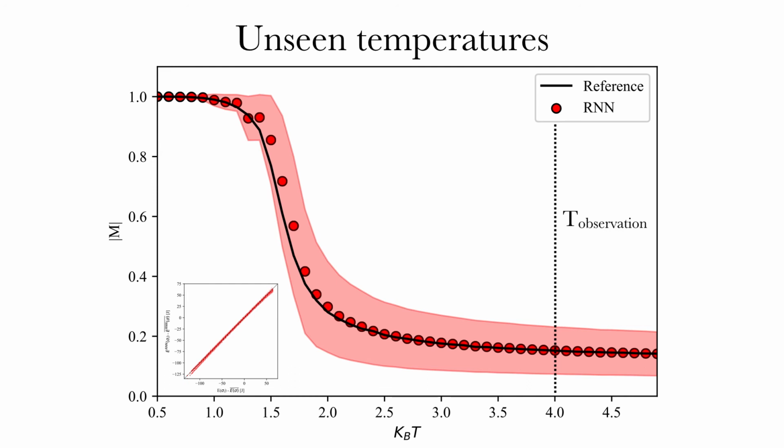So you only see pictures, ones and minus ones, and I tell you one number, which is that you observed it at a temperature of T. And by learning the RNN energy model, we have an estimate of the Hamiltonian that we can then plug into existing machinery to predict the properties under all other temperature conditions.